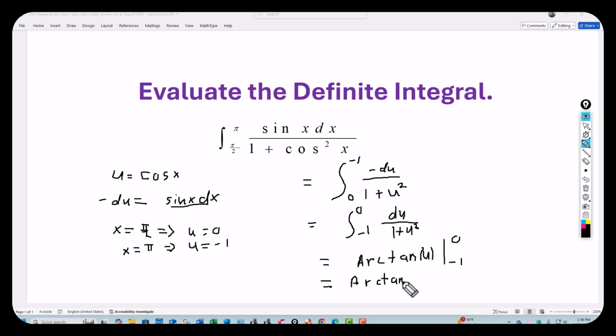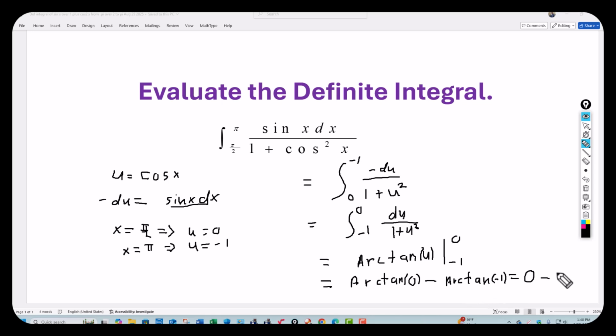So this is then going to be arctangent of 0 minus the value at negative 1, so arctangent of negative 1. This is going to equal the arctangent of 0, which is 0, minus the arctangent of negative 1.